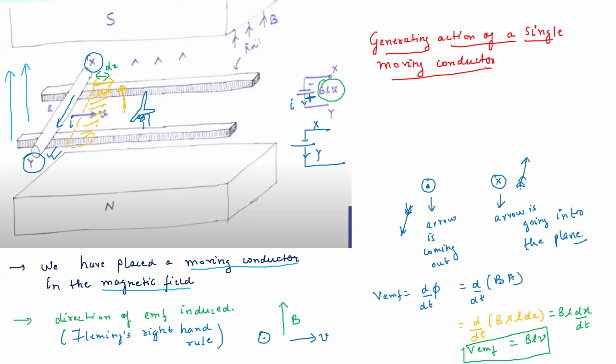Because this is a single conductor, right? So this is the generating action of a single moving conductor. This is what sir has discussed also.